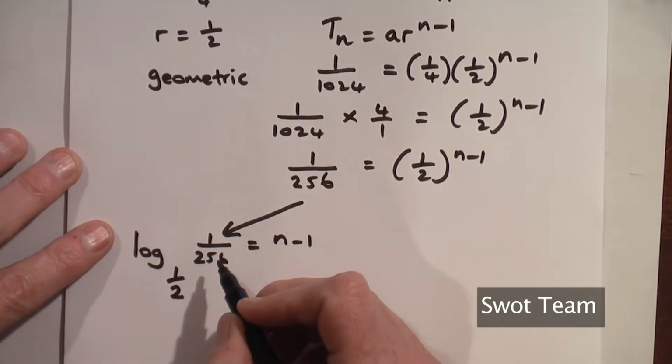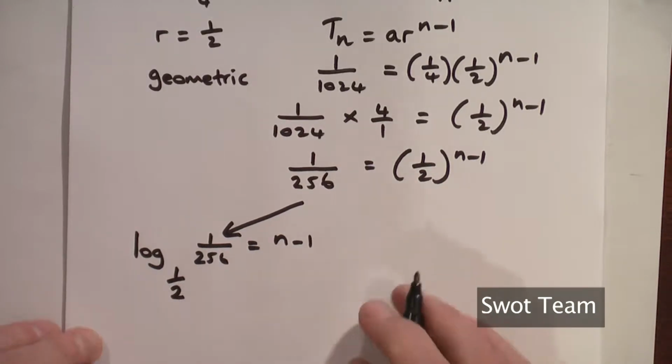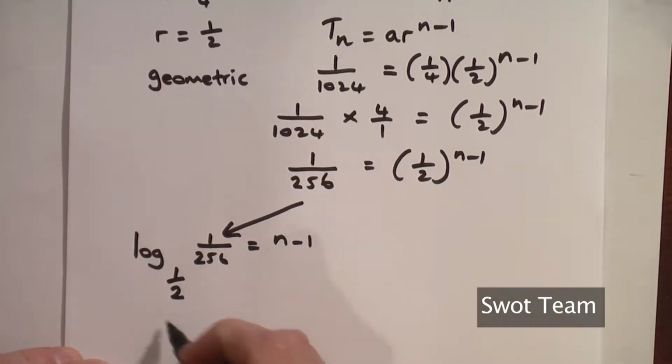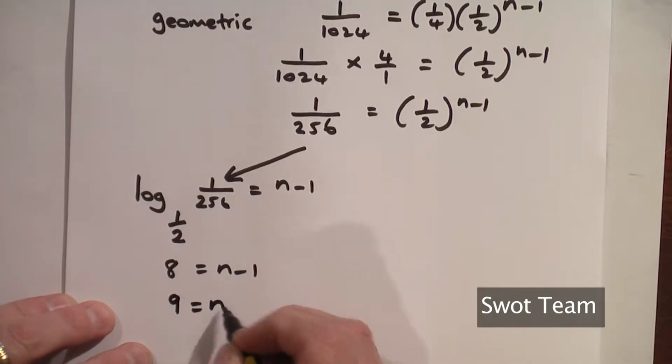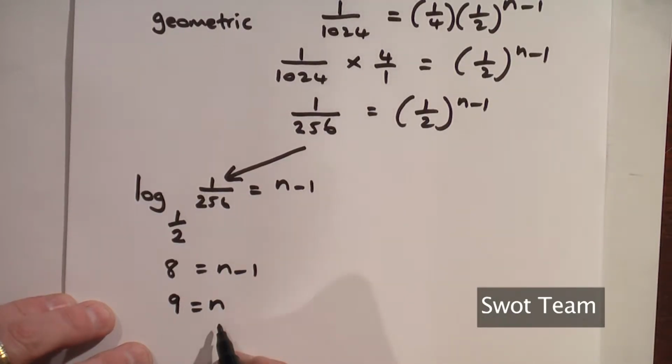Look at the laws of logs. Go to the lesson on logs if you're stuck on the conversion from the exponential to the logarithmic form. Now, if you work that out in a calculator, you'll find that this comes to 8 is equal to n minus 1. In other words, there are 9 terms, okay, which is cool.